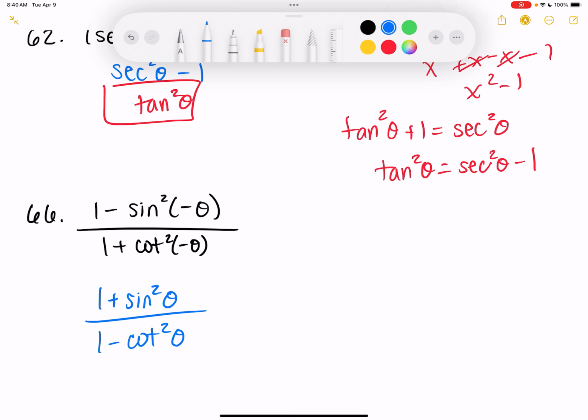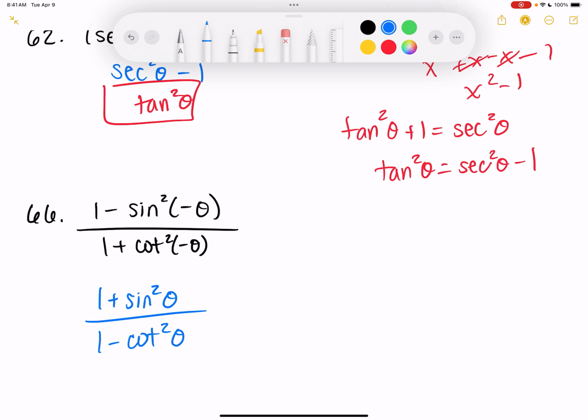Now, does this look like something that I know? What is the Pythagorean identity that has sine squared? It doesn't have to look just like this, but what does that one say, the one that has sine squared in it? There's only one of those.